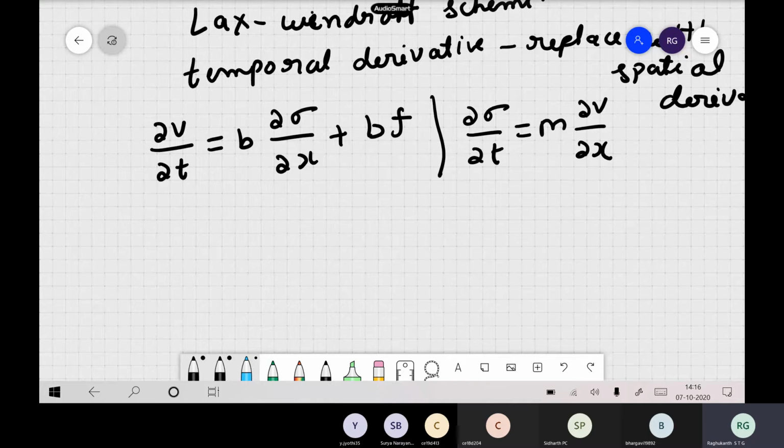Now, what this method does, you followed, right? It tries to replace temporal derivatives with spatial derivatives.